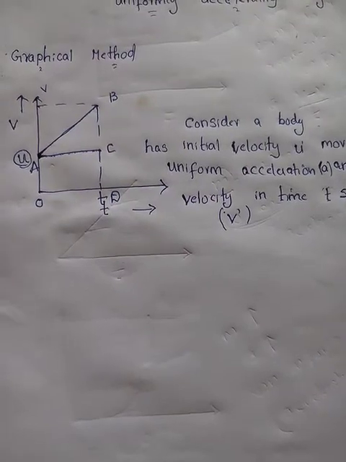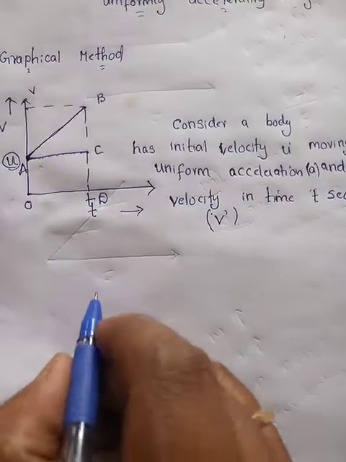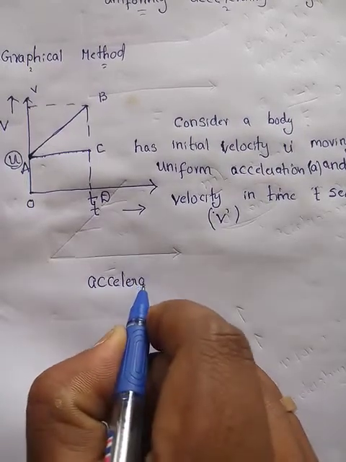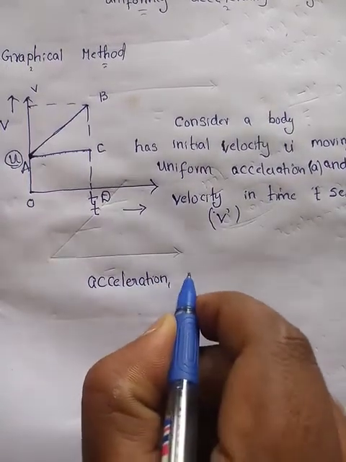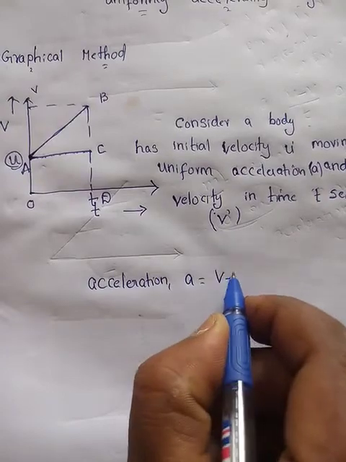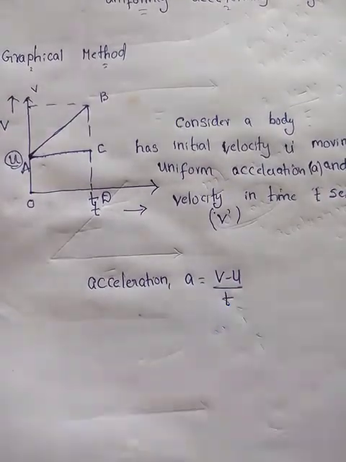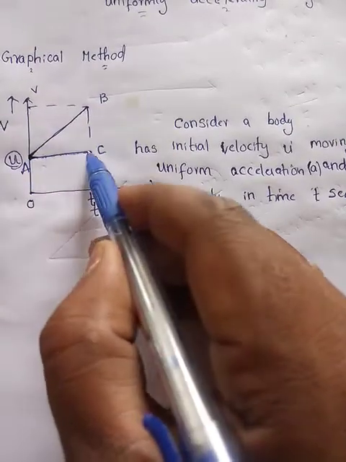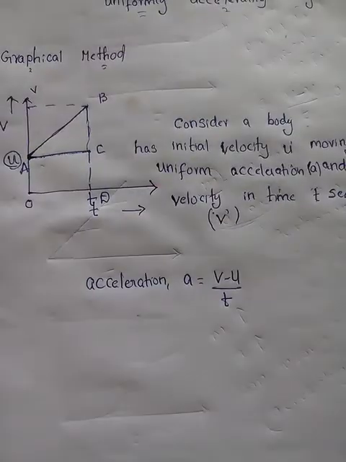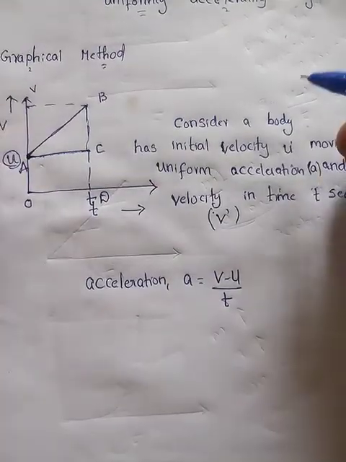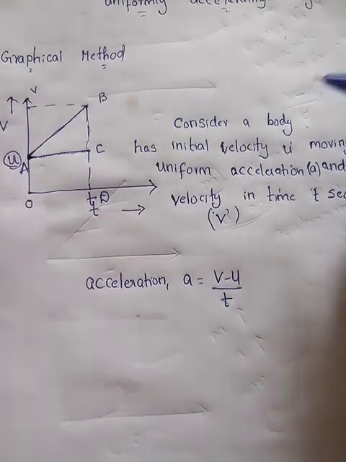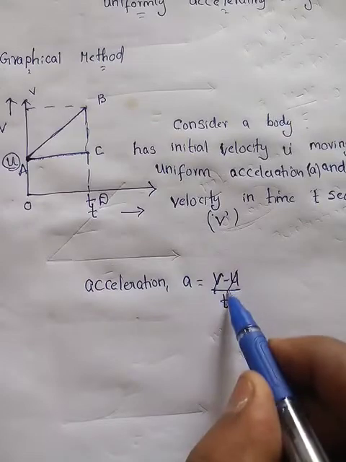Since it is moving with uniform acceleration, what is the acceleration of this body? Acceleration a is equal to (v minus u) by t, or if you take the slope you get acceleration. What is the slope here? (v minus u) by (x2 minus x1). So you can write it as the slope of the graph.